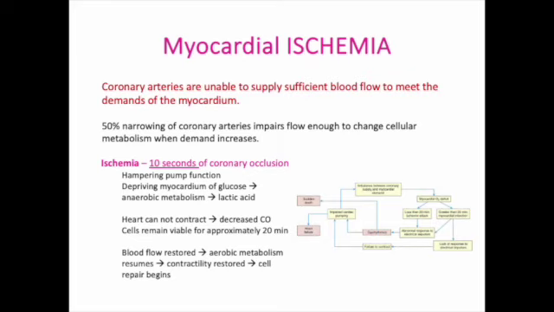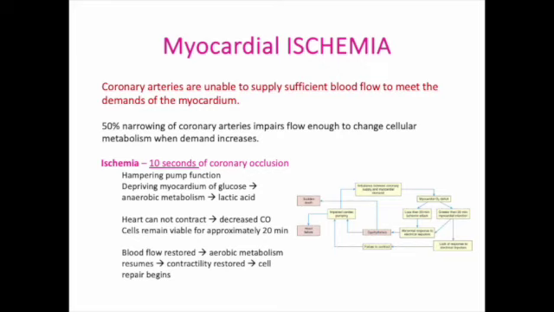At this time, your body is now in anaerobic metabolism. When this occurs and you're depriving the myocardium of glucose, you will also release lactic acid. And this is why checking for lactic acid is another way to determine your patient's status if you are worried about myocardial ischemia or infarction.